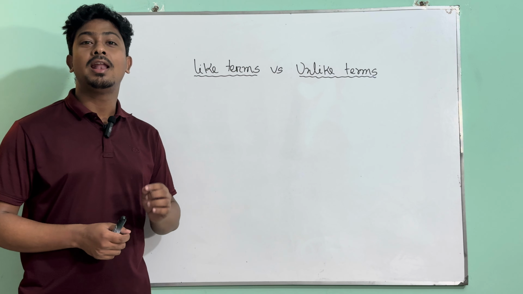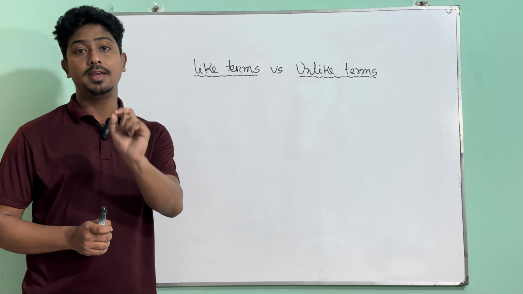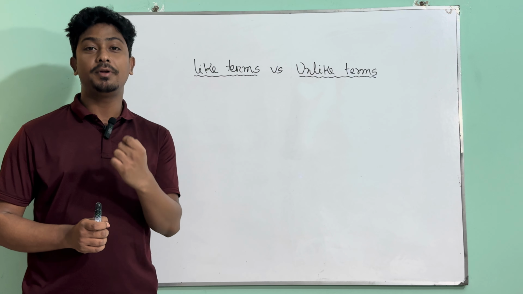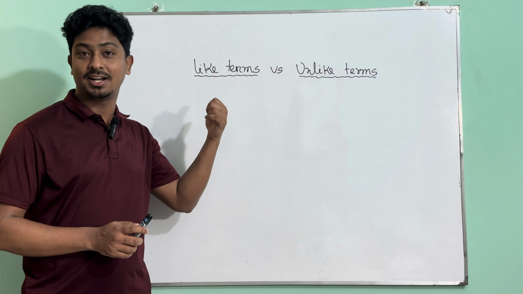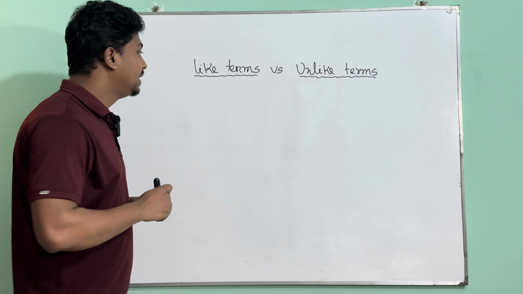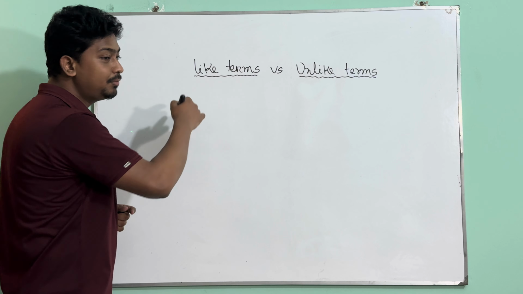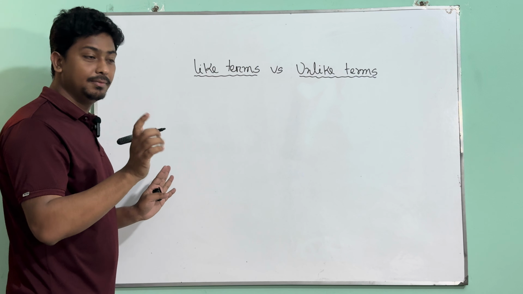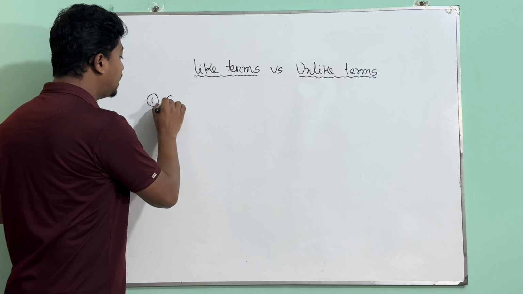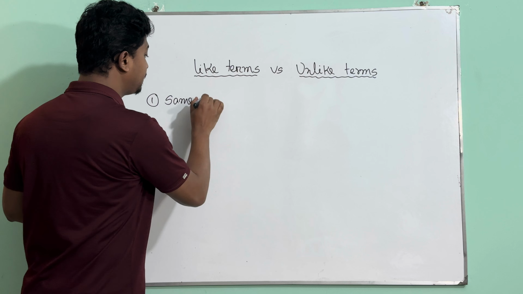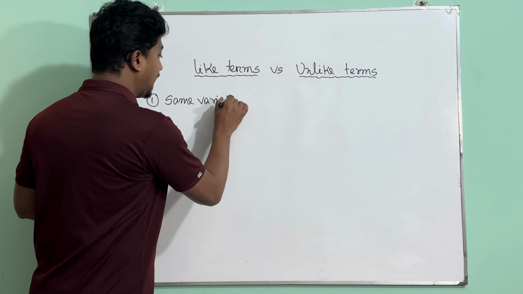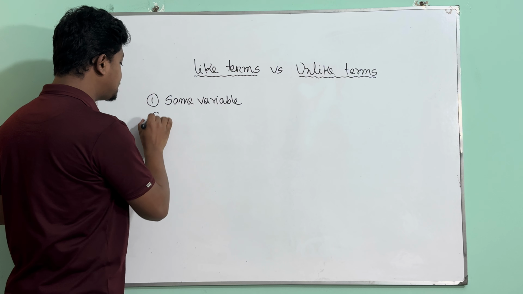Now let's talk about like terms and unlike terms. This is very important because when you do operations, this is where you will get stuck for the first time, okay? Now, in like terms, we have 2 things the same. You're going to have the same variable, and then you're going to have the same power.